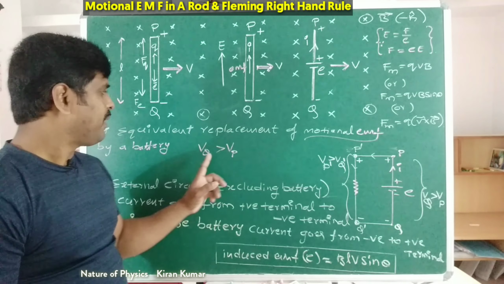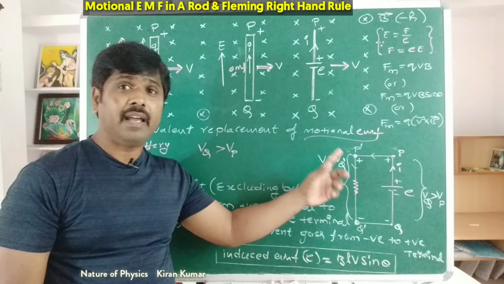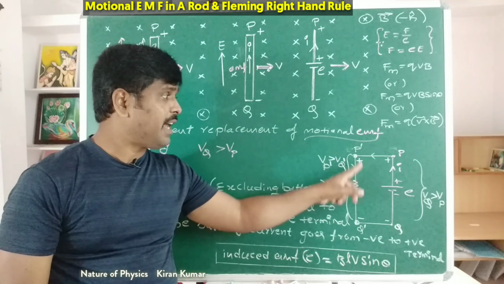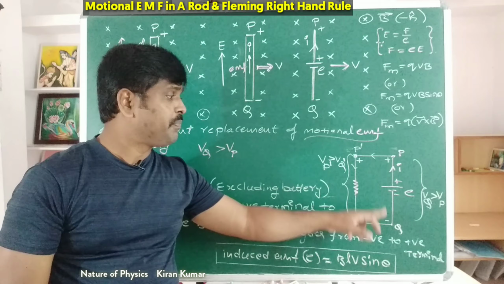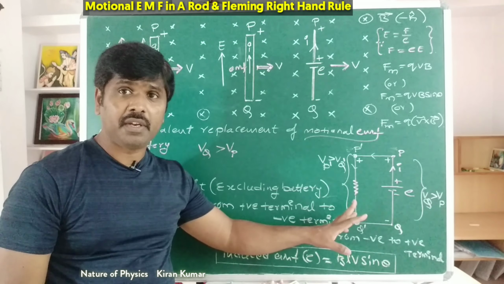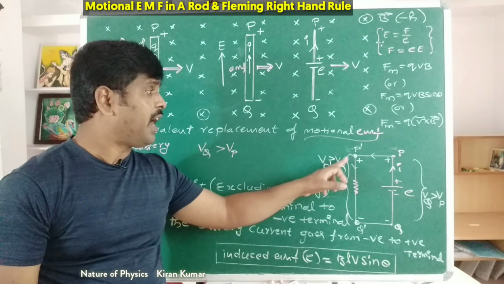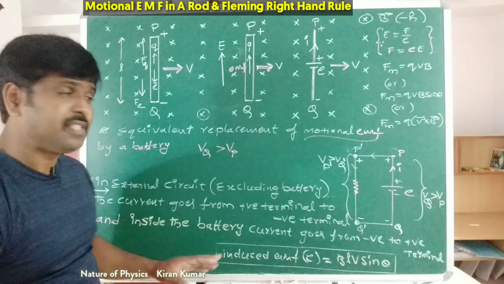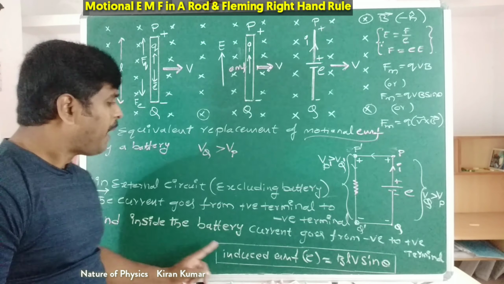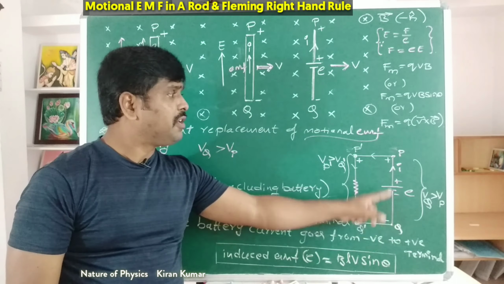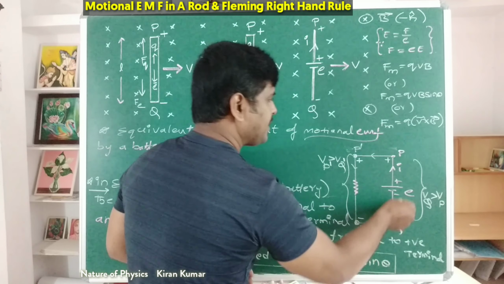Like this, we consider VQ greater than VP in the battery only, and in the external circuit, P dash is positive and Q dash is negative. So the current in the external circuit goes from the higher potential area to the lower potential area, from positive to negative, and inside the battery from negative to positive. Then this is a closed loop. See, the current direction.